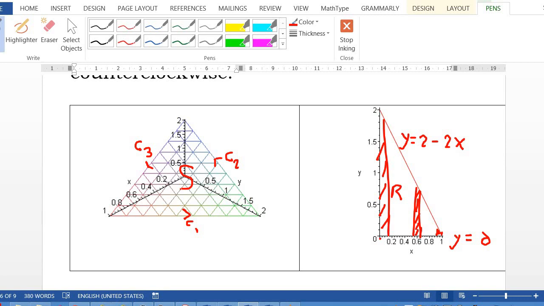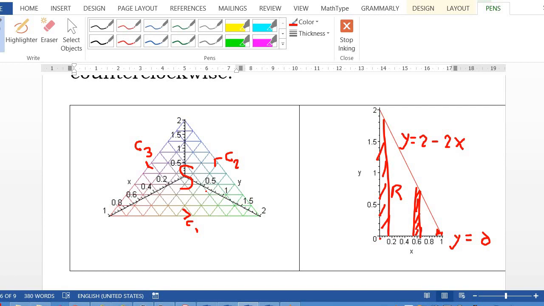If your curve C is traversed anti-clockwise, using your right hand, the four fingers pointing as the direction of the curve, the right thumb will show the direction of the unit normal vector.